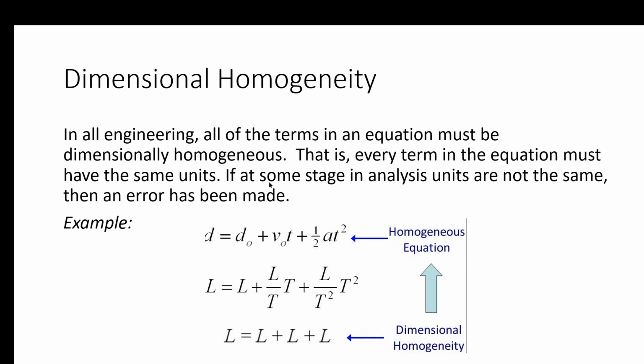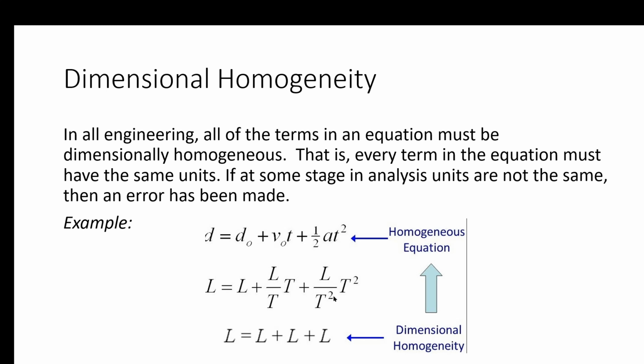Dimensional homogeneity. Basically this says that whatever units we have on one side of the equation better match the units on the other side. Dimensional analysis is one of the terms used. This equation is dimensionally homogeneous because here's my length. Velocity is length over time, times time, so we have a length unit.